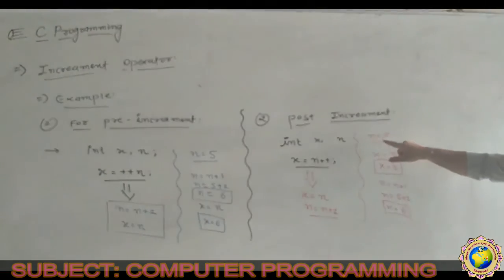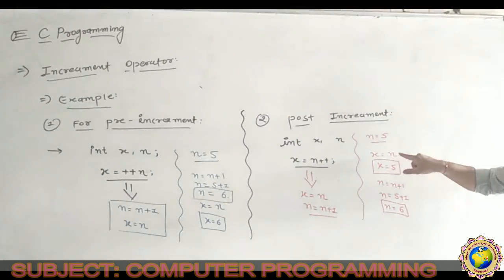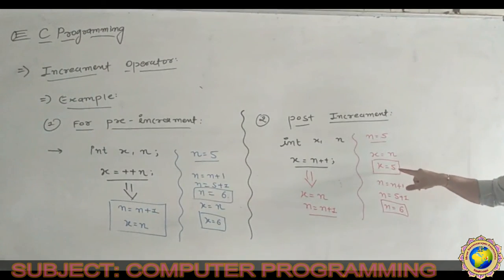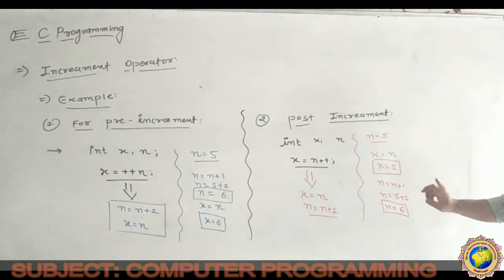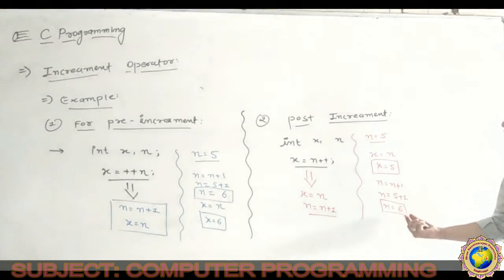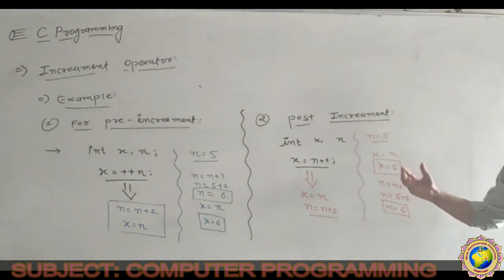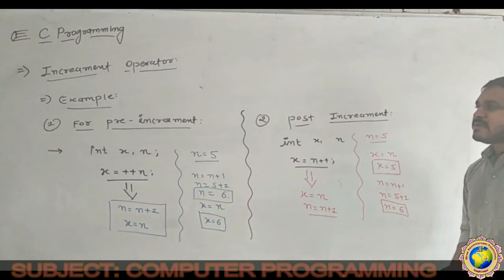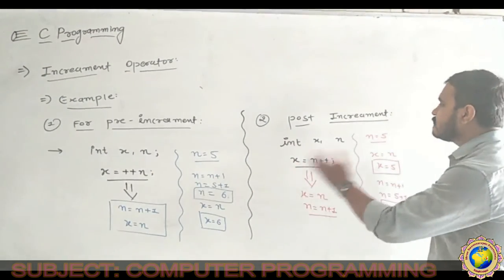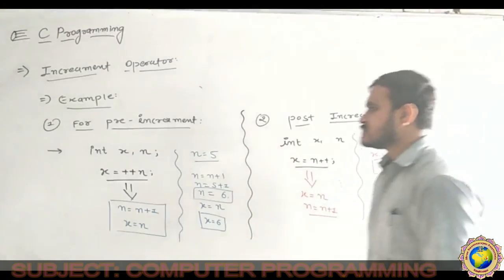So when n is equal to 5, then x is equal to n, so x is equal to 5, n is equal to n plus 1, n is equal to 6, and x is equal to 5. So this is the increment operator, that is the pre-increment and the post-increment.